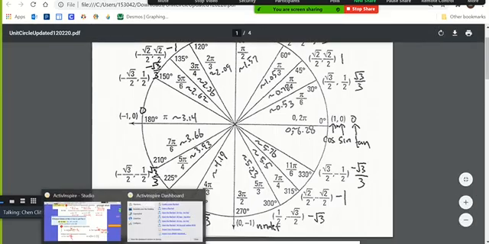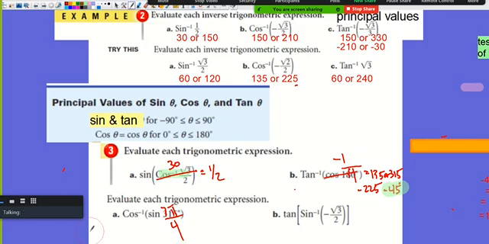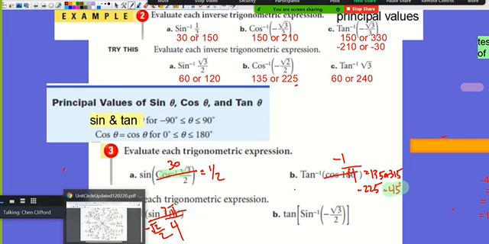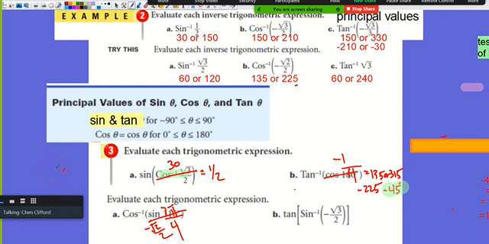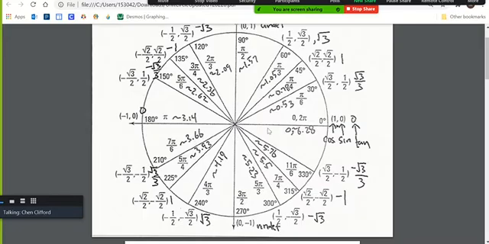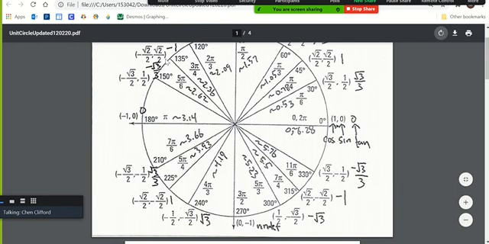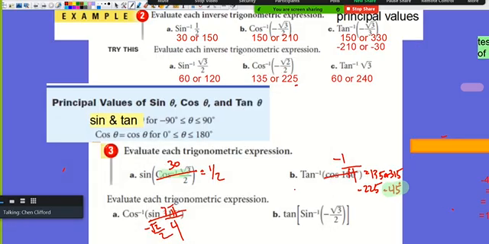That's negative root 2 over 2. And the inverse cosine of negative root 2 over 2 is going to be either 135 or 225. Again, 135 or 225. And which one fits inside this criteria is going to be 135.